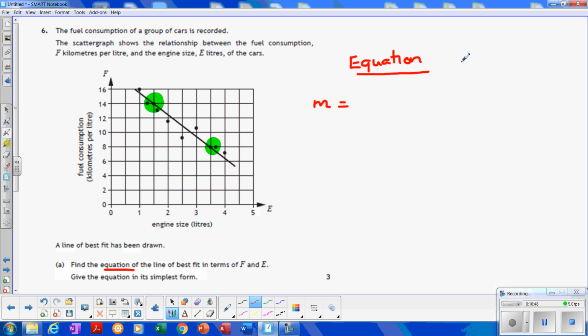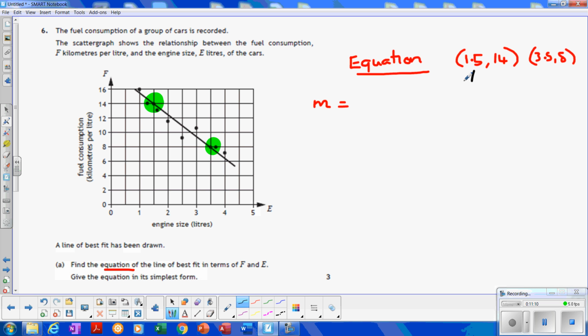So if I write down the coordinates of those 2 points, that one there goes across to 1.5 and goes up to 14. So I've got 1.5 and 14. And the second point goes across to 3.5 and up to 8. So 3.5 and 8. Now, label them.